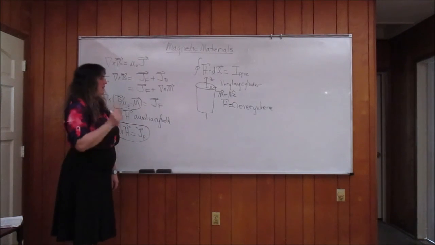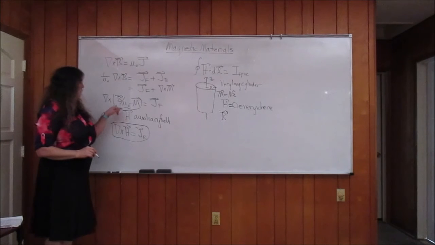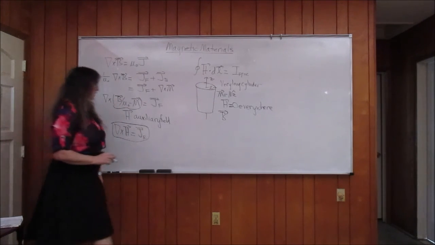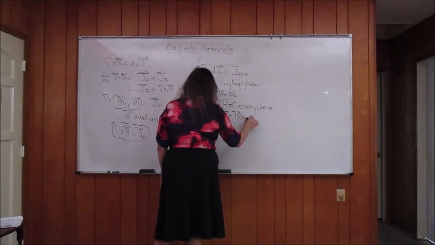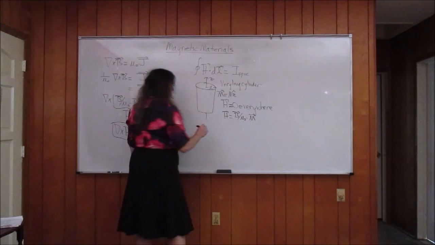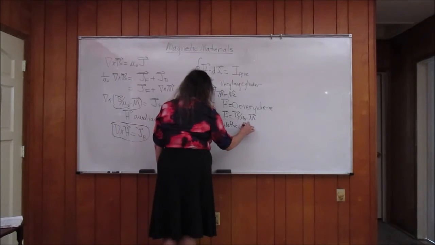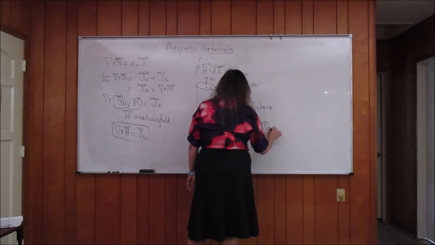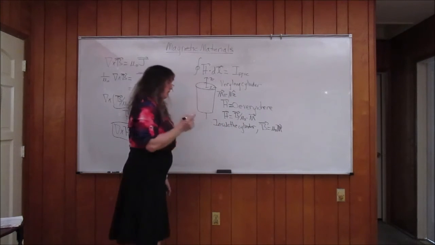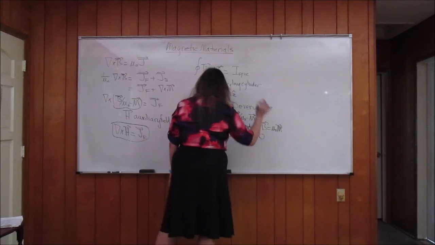What about B? Well, you know your auxiliary field is equal to B over mu naught minus M. So if H is 0 everywhere, that means inside the cylinder B is equal to mu naught times M. Outside, B is equal to 0.